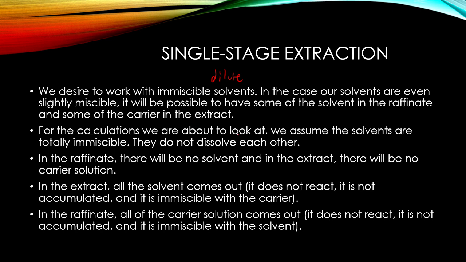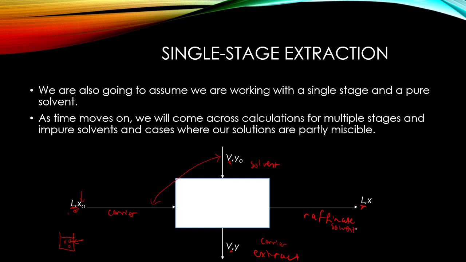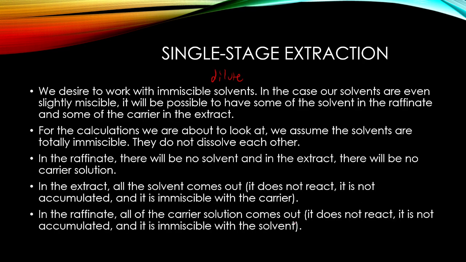For the calculations we are about to do, we are going to assume that the solvents are totally immiscible. They won't dissolve each other at all. In the raffinate, we are not going to have any amount of solvent. In the extract, we're not going to have any amount of carrier. So that means that in the extract, all the solvent is going to come out.